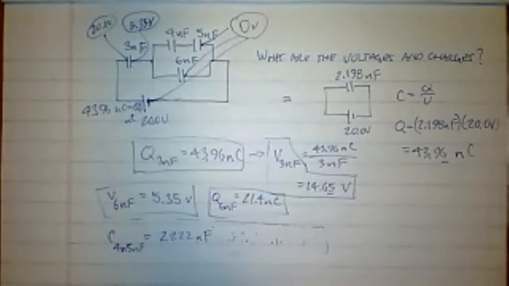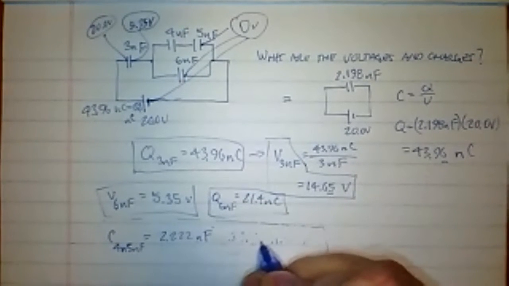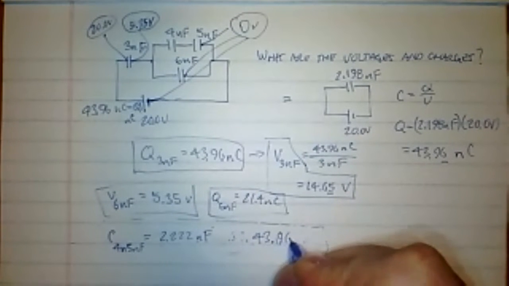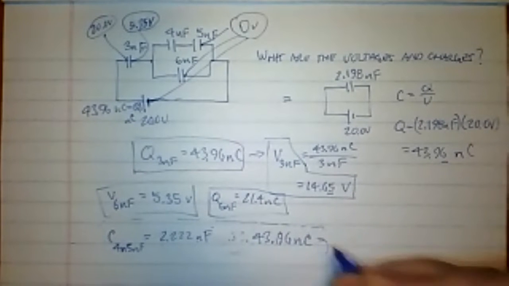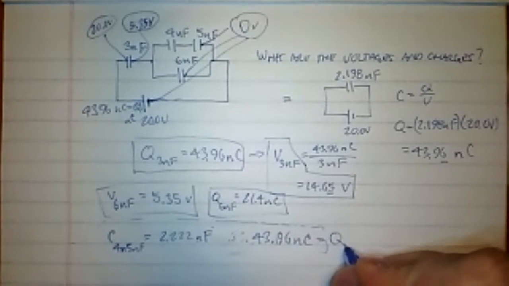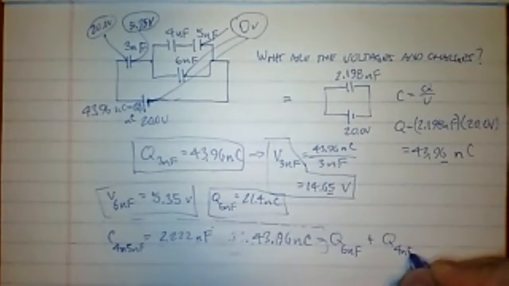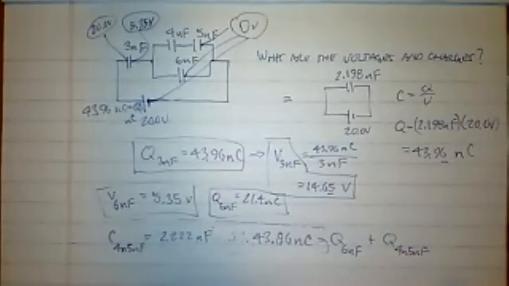And when I do that, 43.96 minus 21.4 gives me 22.56. So conservation of charge says that 43.96 nanocoulombs is equal to Q for the 6 nanofarad capacitor plus Q for the 4 and 5 nanofarad capacitor.